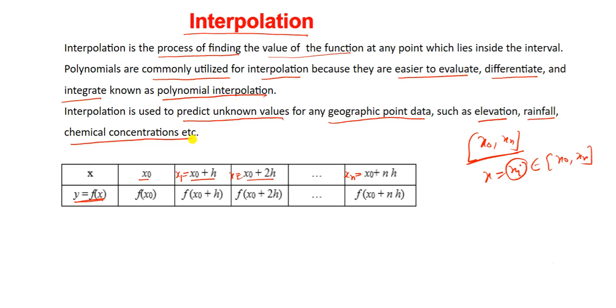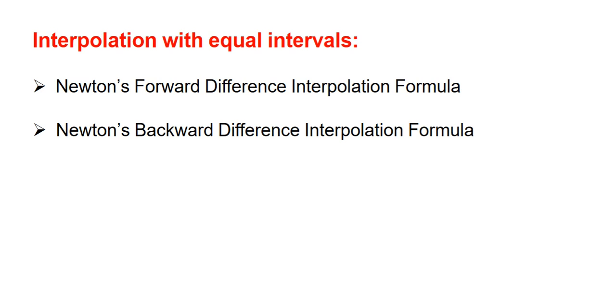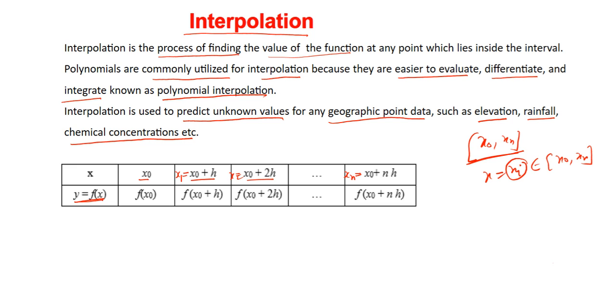So when we apply the interpolation technique, we have the x arguments, where h is the interval difference. Here we have two cases: when the interval differences are equally spaced and when the interval differences are not equally spaced.